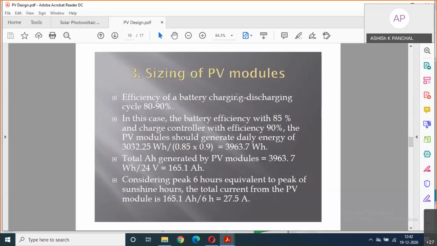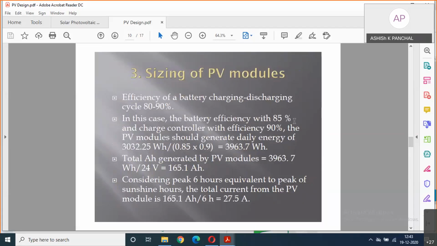I told you, modules are available from 3 to 300 watts. Even nowadays 500 watt is available in the market. So based on that selected module, you try to calculate the number of modules. That was your load requirement, right?